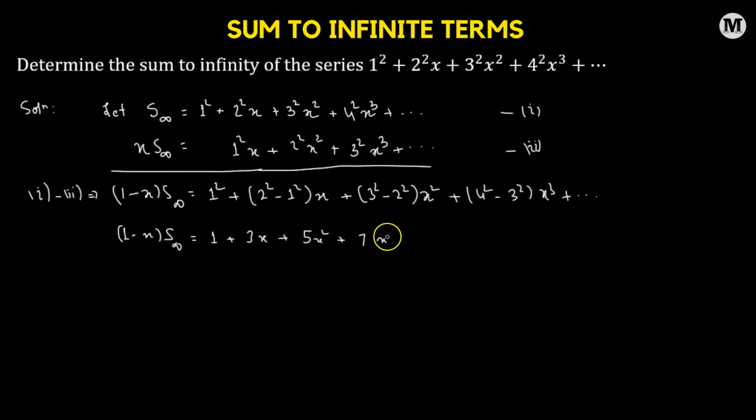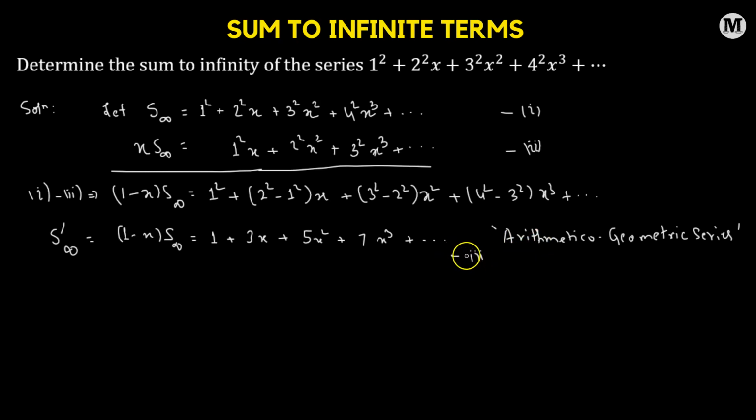We have 7x cubed. So we can see a trend here. Once we perform the subtraction, what we get here, so this particular series, let's call it S prime infinity. This new series that we obtained is now an arithmetico-geometric series. Let's name this as number 3.